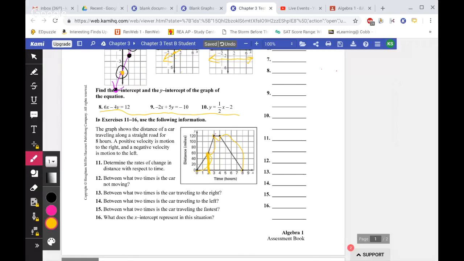We've got 60 minus 0 over 2 minus 0. We're basically using our slope formula. 60 over 2 equals 30 miles per hour, because this would reduce to 30 over 1. So my first answer is 30.